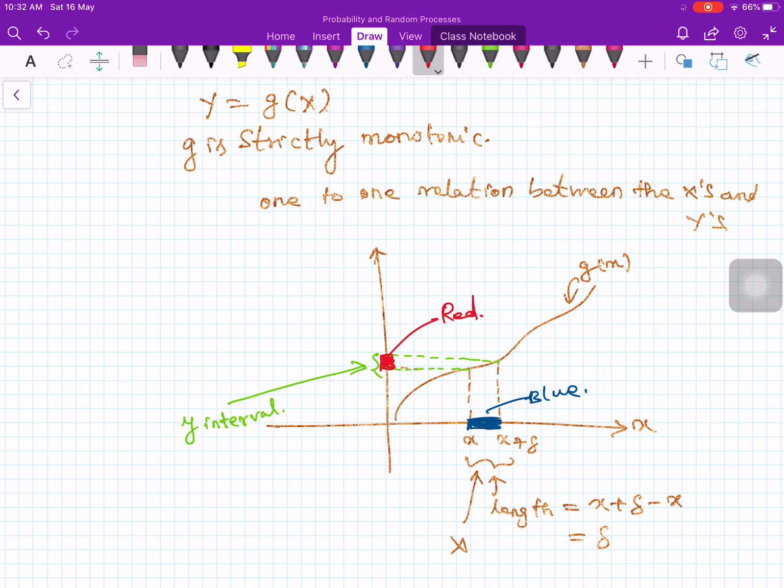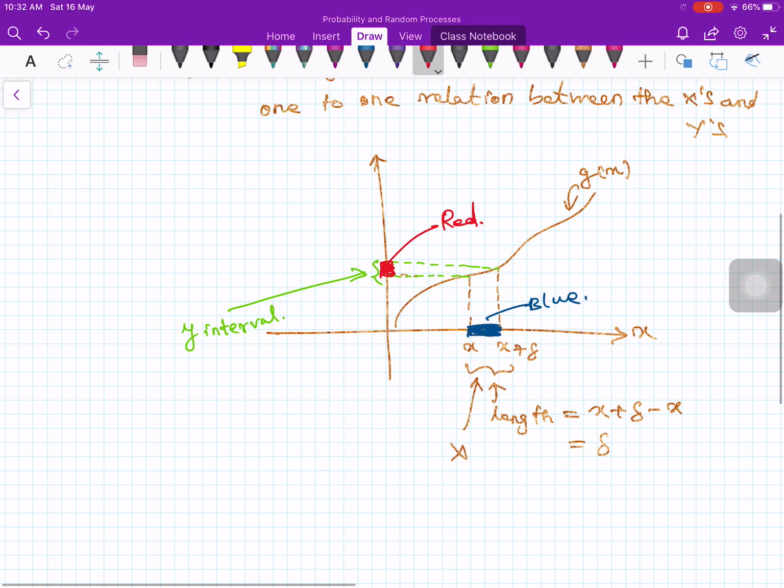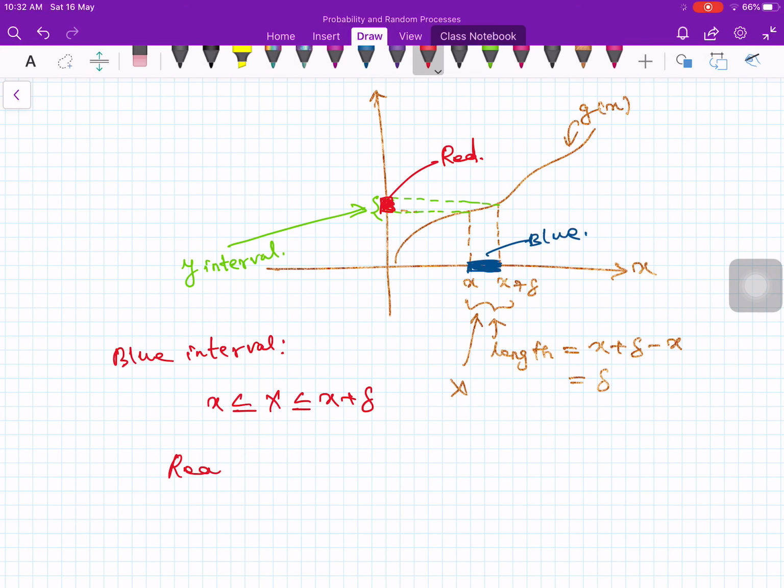What is the blue interval in this case? The blue interval is x less than or equal to capital X less than or equal to x plus delta. What is the red interval? The red interval is g of x less than or equal to capital Y less than or equal to g of x plus delta.